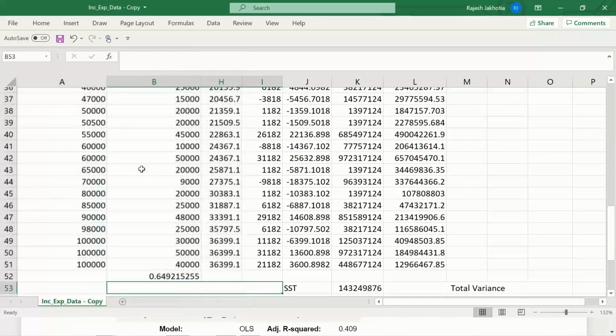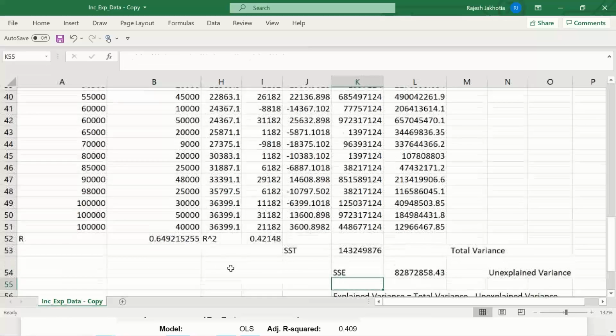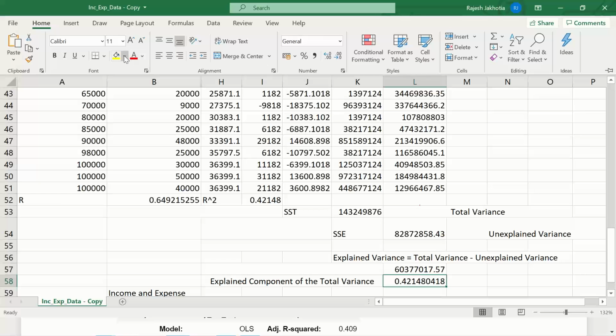Definitely the correlation will come the same that we saw earlier, and we use the term R. If we use the term R, what will be the square of this R? Square of this R is 0.421. These two numbers are matching.